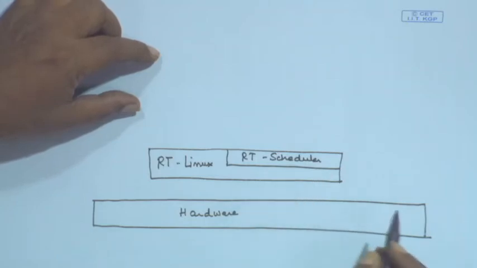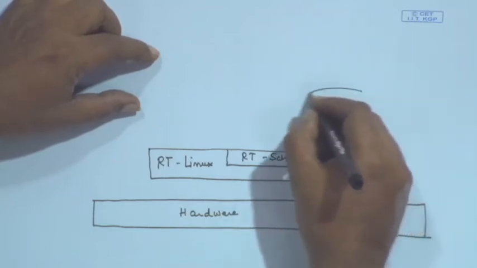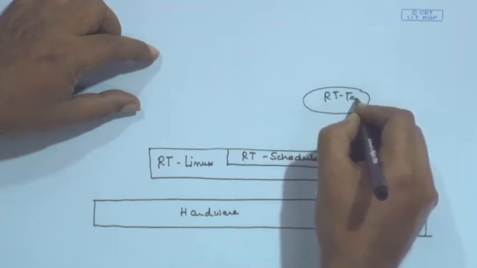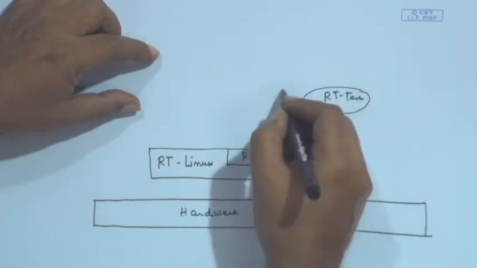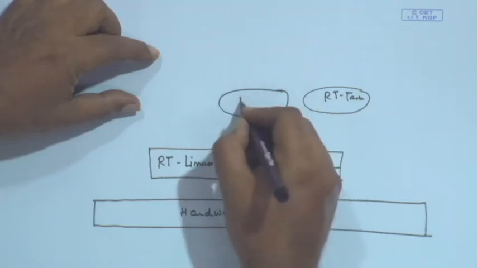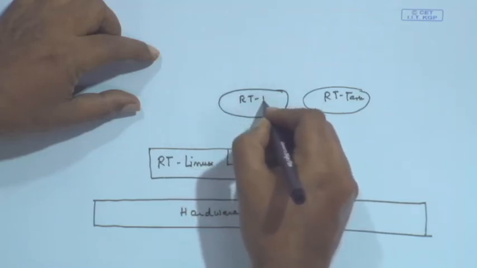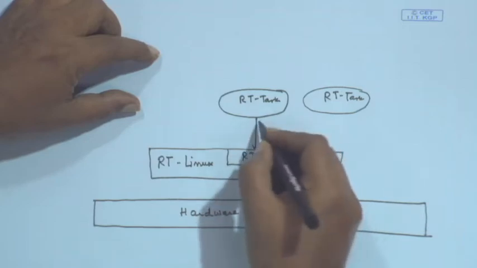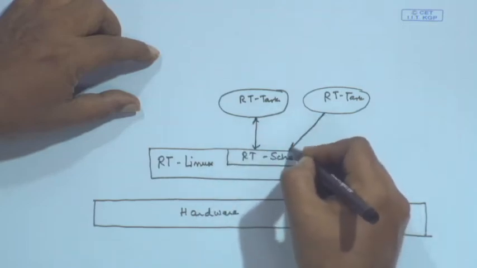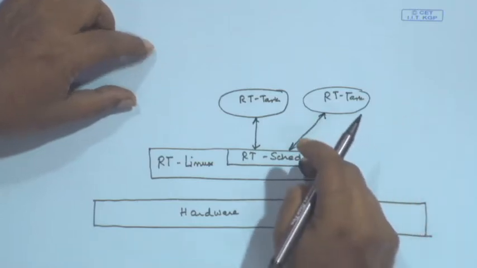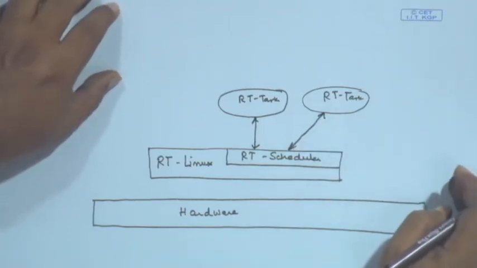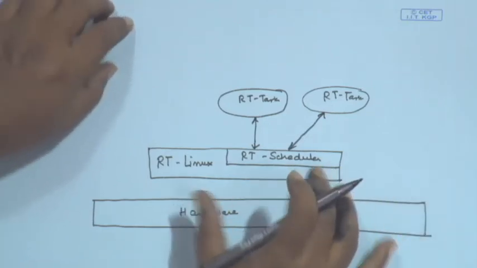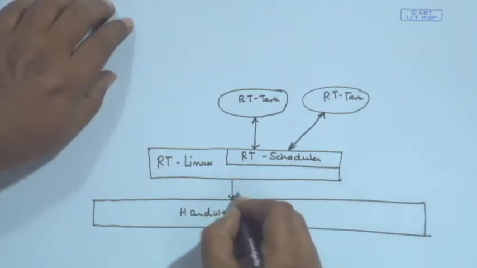All right, our scheduler is there, and I have got real time tasks. These are communicating with this scheduler. The scheduling policy of the standard OS will be different from the real time scheduling policies also, we will see that soon. And this is communicating through some interrupts.